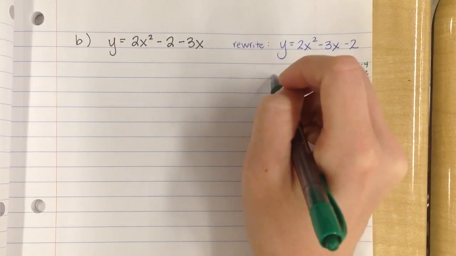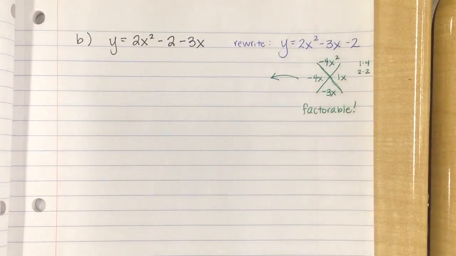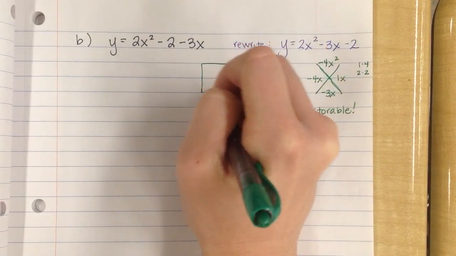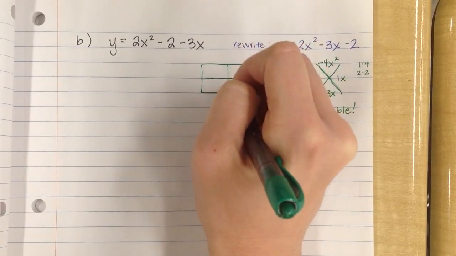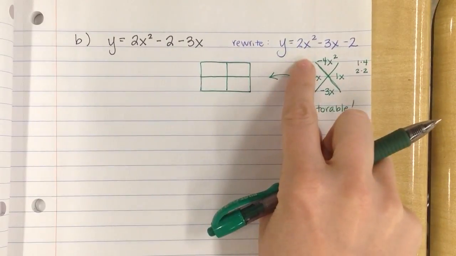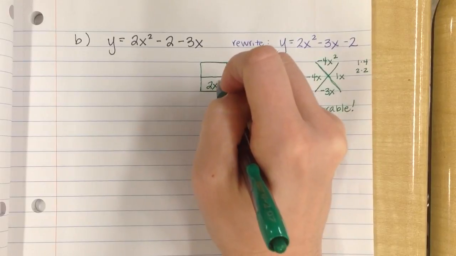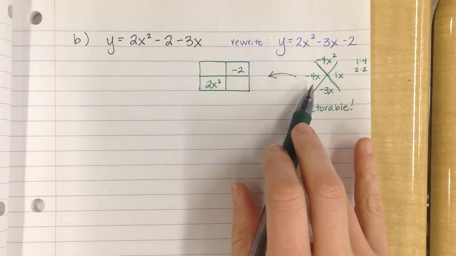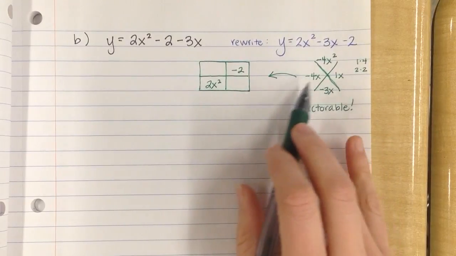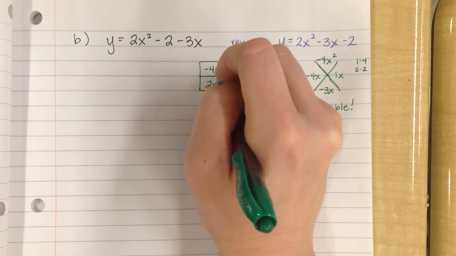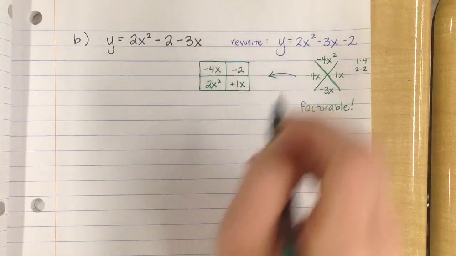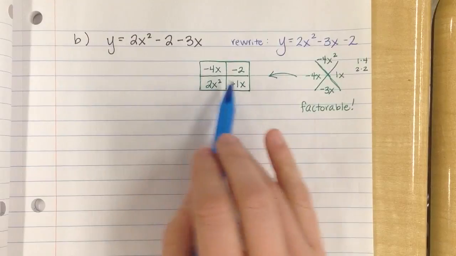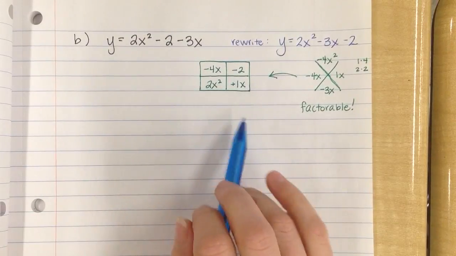I can go ahead and put it into the generic rectangle. I'm going to take my a value over here, 2x squared. Take my c value over here, negative 2. Don't forget that negative. And I'm going to take my two factors from the left and right side of my diamond factor, negative 4x and positive 1x. Then I'm going to find the commonalities between each of the horizontal and vertical alignments here.